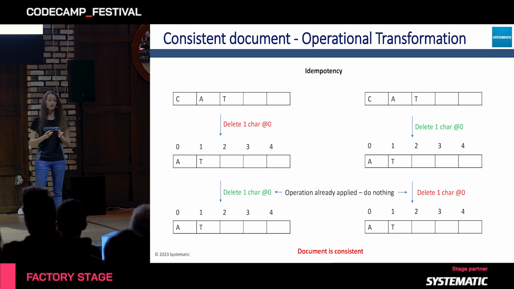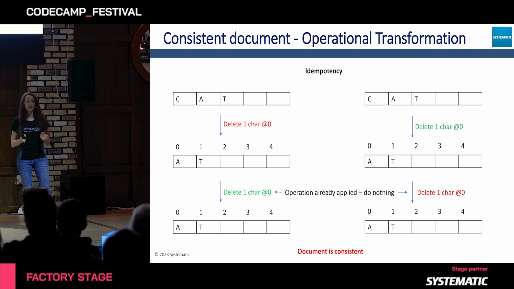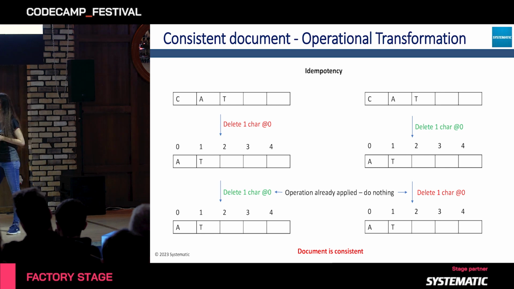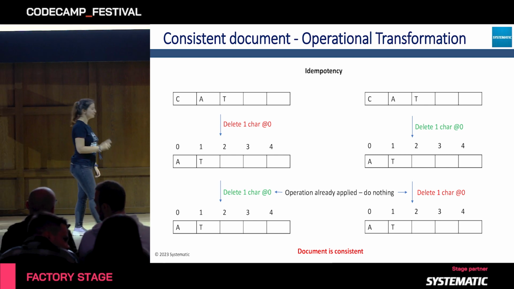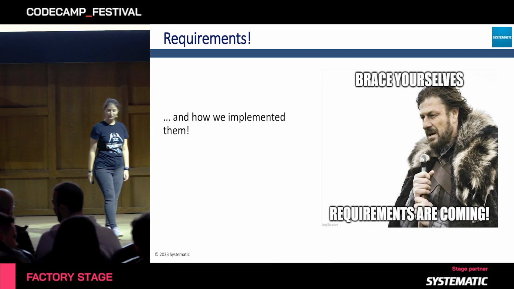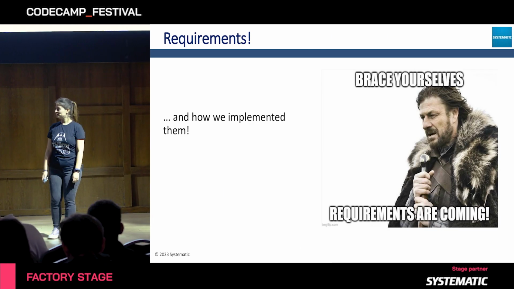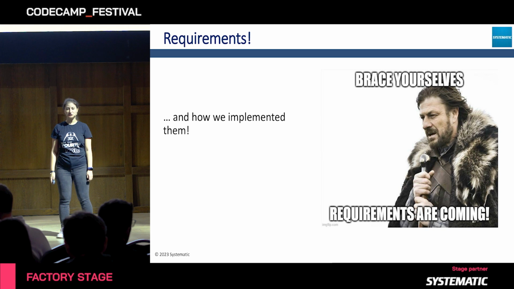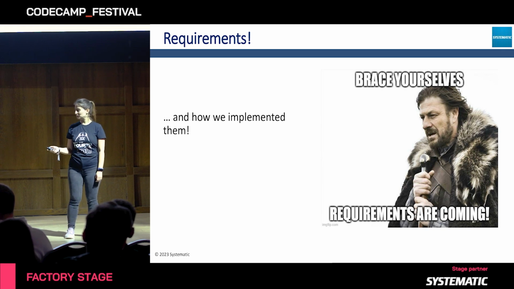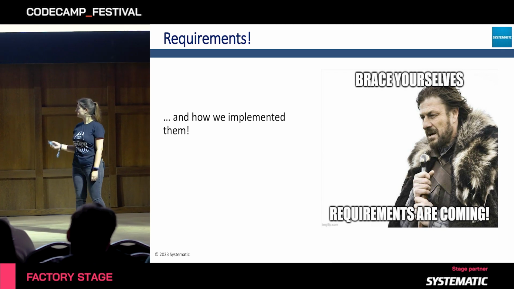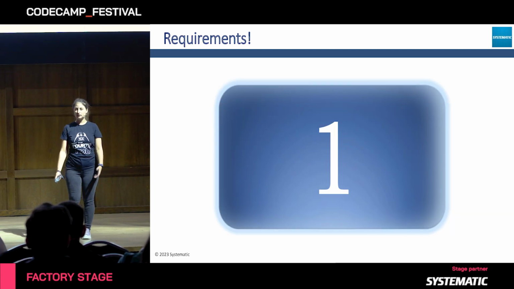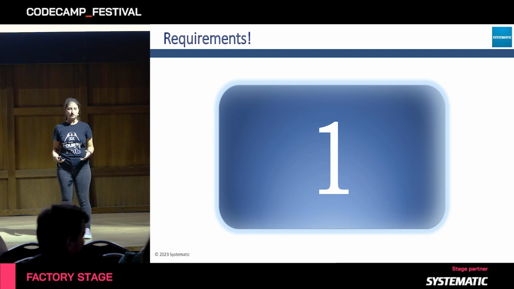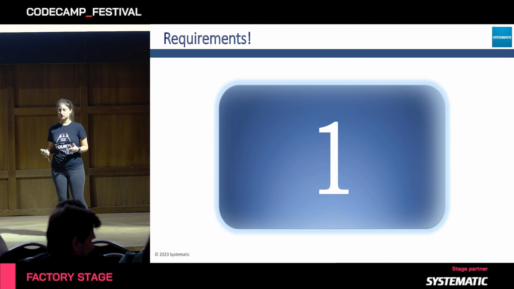But this wasn't enough for our functionality. We received quite a large number of requirements, and let's see what they were. Except for the math part of this, I'm going to mention the first 6 most important requirements we had, and most importantly, we needed the ability to support advanced text formats and advanced objects.